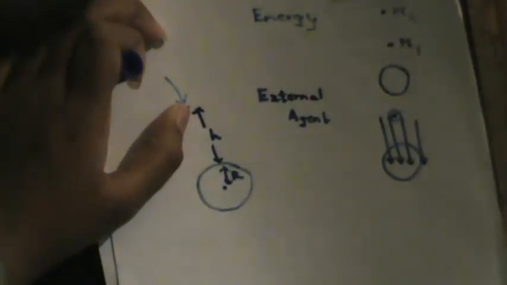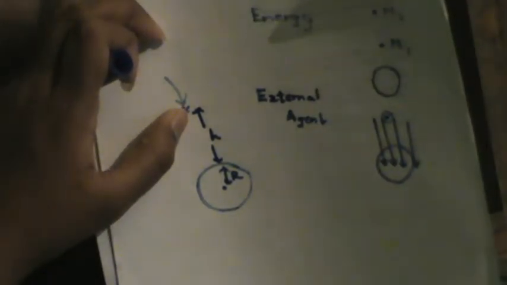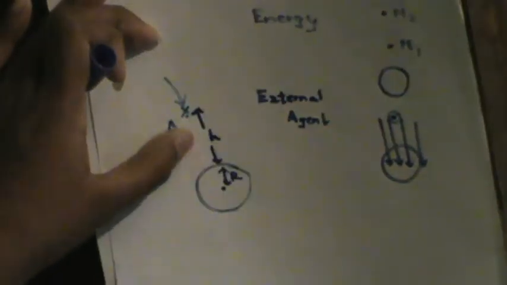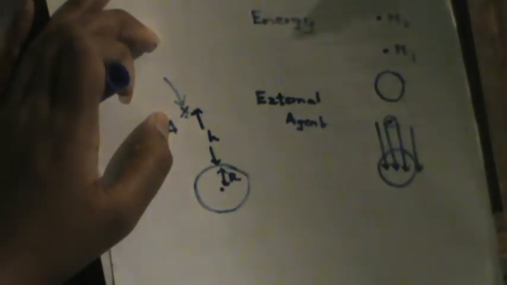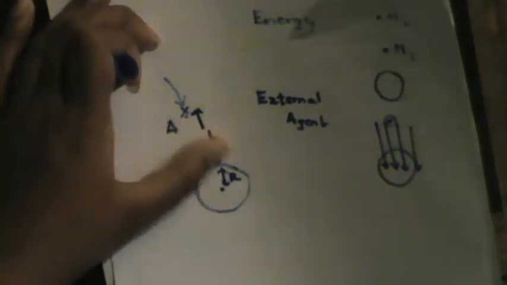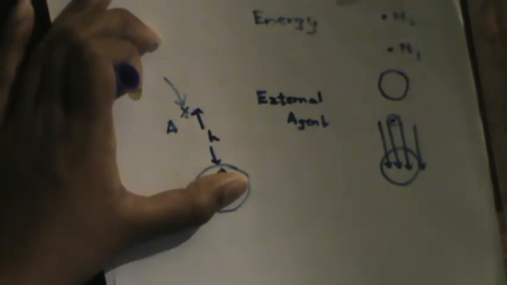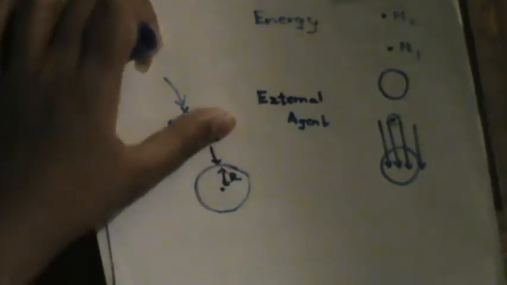Alright. So the first thing is the definition: the gravitational potential energy of a body at a point. I'll take the point to be A. So the gravitational potential energy of a body at a point in a gravitational field, this is the Earth's gravitational field, is the work done by an external agent. The external agent is the agent, as I mentioned, that does work on the other object.